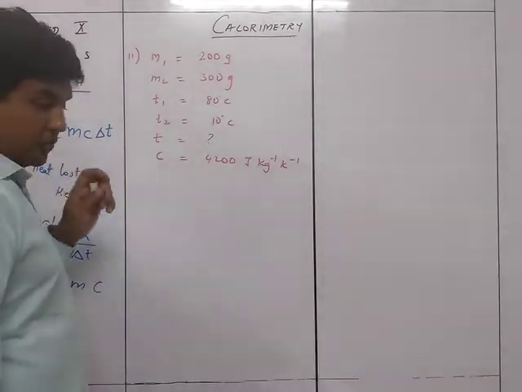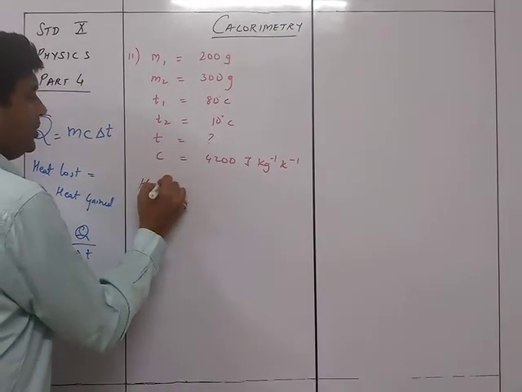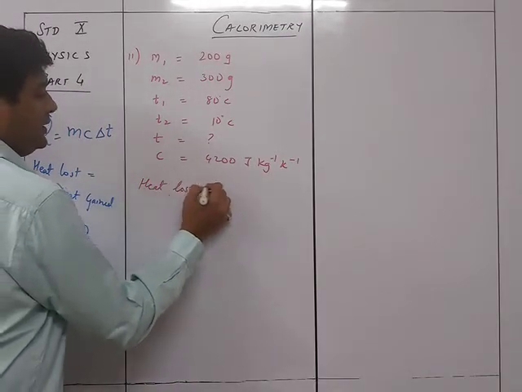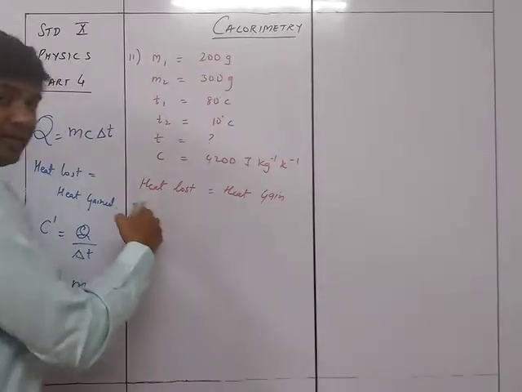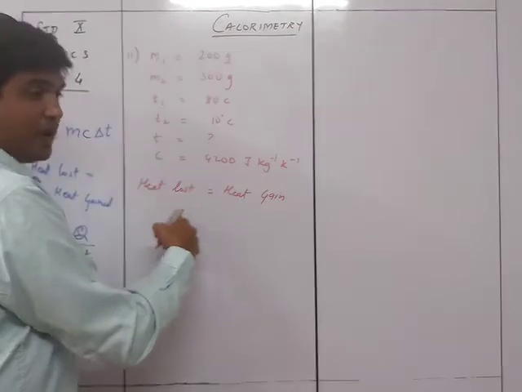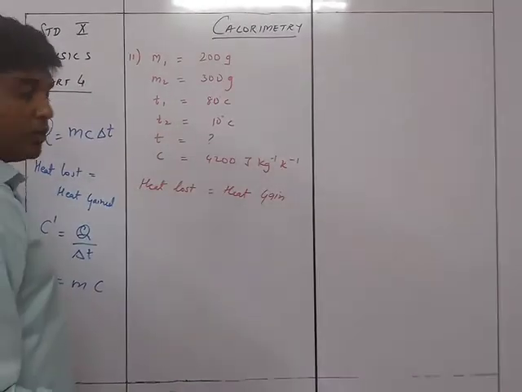Okay, so we know here that heat lost is equal to heat gained. Of course, you will write over here properly that by the principle of calorimetry, heat lost by the hot body is equal to heat gained by the cold body.